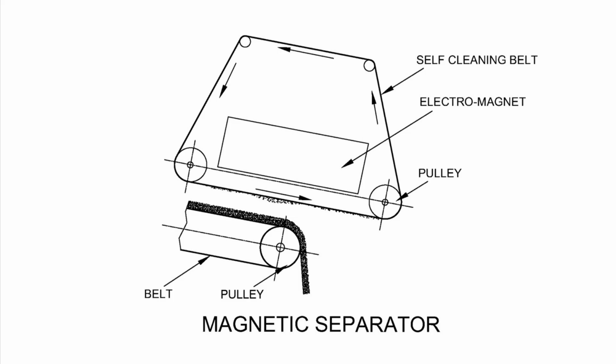Iron particles fall down before the self-cleaning belt starts moving upwards on the right hand side. Downward streams of coal and iron particles are separated by a reasonable distance. Downward stream of iron particles has not been shown in the diagram.